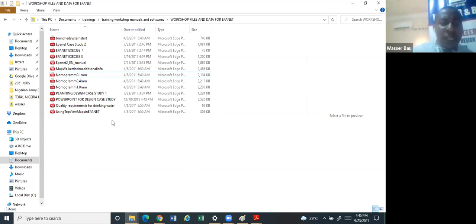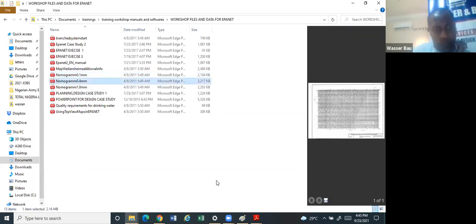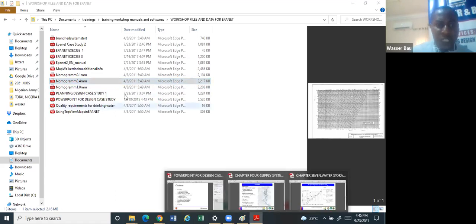So if you are using, let's say, a PVC pipe, you're going to use the nomogram for 0.1. If you are using a pipe like ductile iron, you use the second chart of 0.4. If you are using concrete pipe or asbestos pipe, which has been banned, you're going to use a nomogram of 1.0. So this is what the chart looks like.